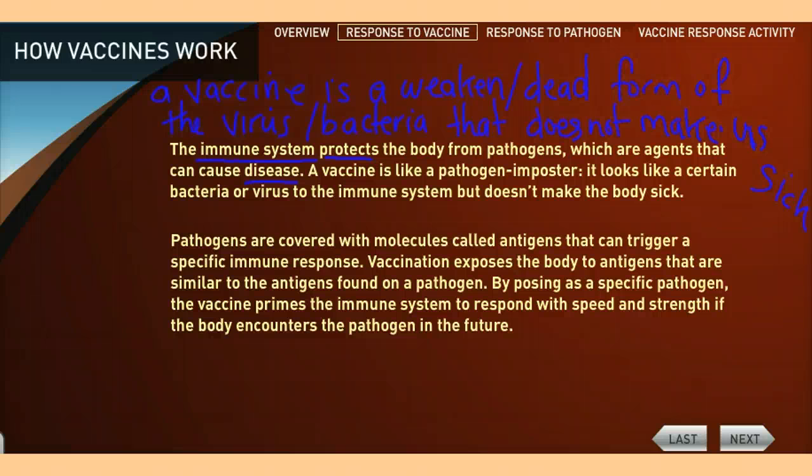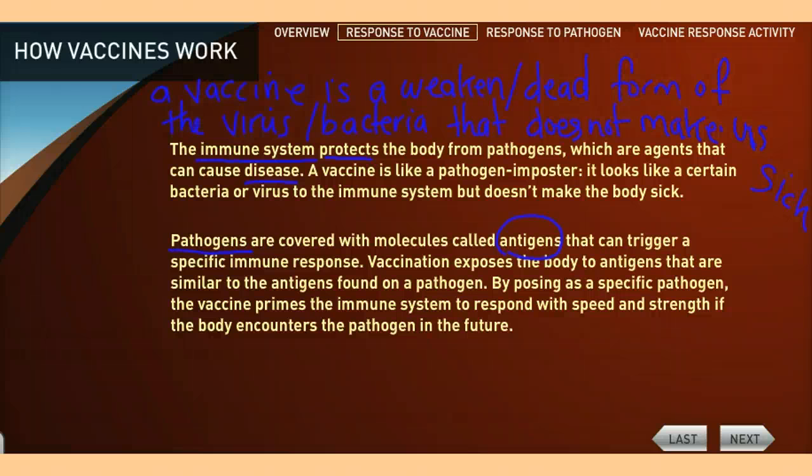So how does the weakened form of a bacteria or a virus not make us sick? We're going to look at that. Our body recognizes pathogens because pathogens are covered with antigens, and that triggers a specific immune response. From previous lessons, as soon as the body detects an antigen, it starts releasing antibodies, right?